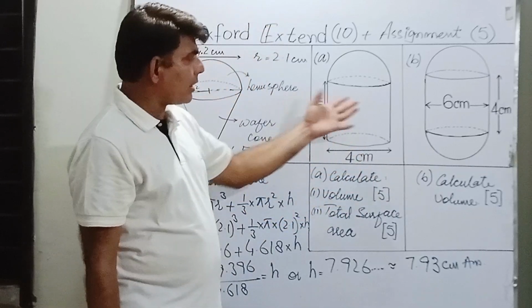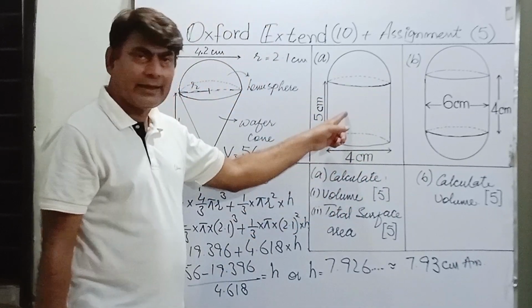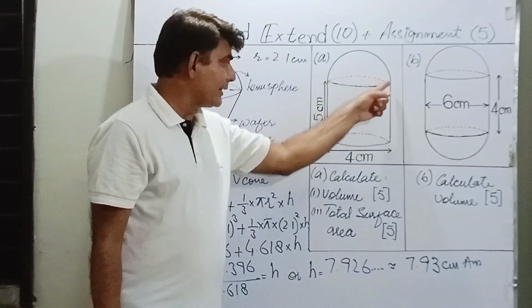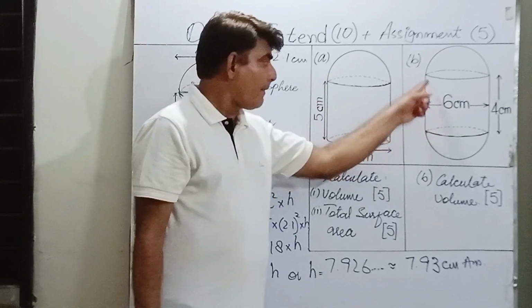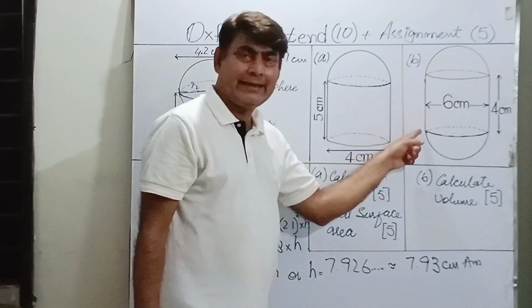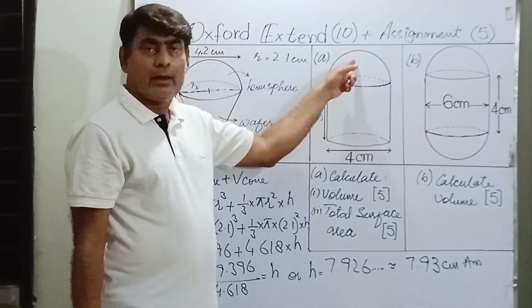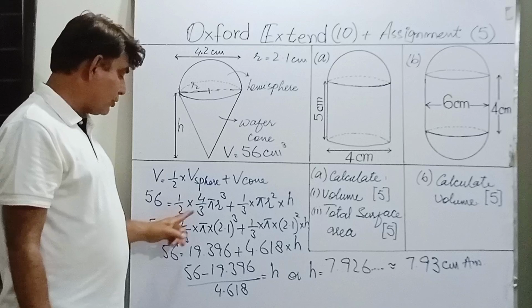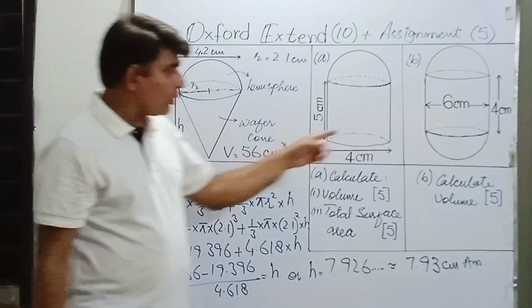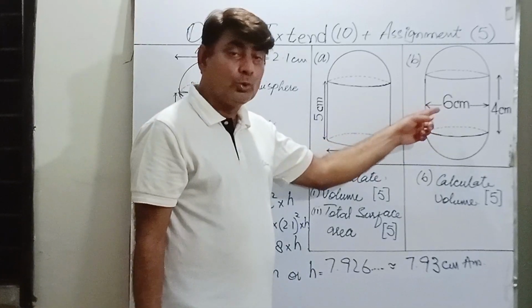Now when we talk about the volume, volume of cylinder is pi r square times height. Over here, hemisphere: the volume of a hemisphere is half times 4 upon 3 pi r cube. But over here, what should we do?